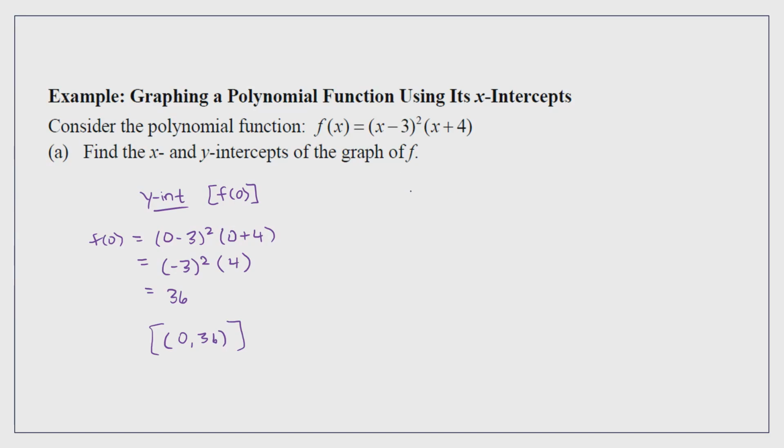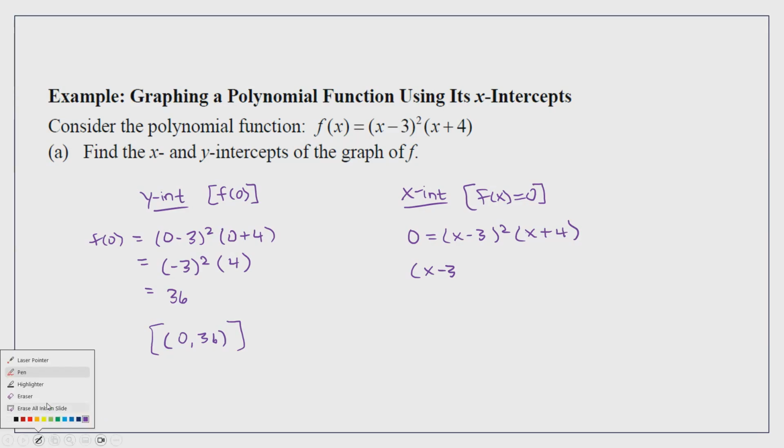Next, we'll find the x-intercept. For the x-intercept, we're going to set f of x equal to 0. So we have 0 equals (x minus 3) squared times (x plus 4). That means we can take each factor and set it equal to 0 to find the values of x.